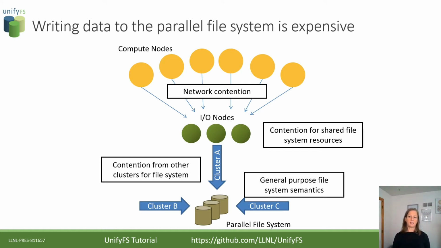And then finally, there's contention for the parallel file system resources itself, from your job, from other jobs running on the same cluster that you're running on, and as a bonus, contention from jobs that are running on other clusters in your compute center, because we share parallel file systems across different systems for convenience.